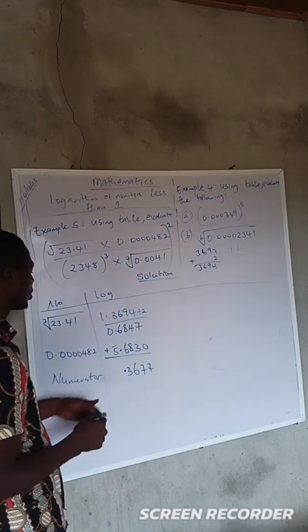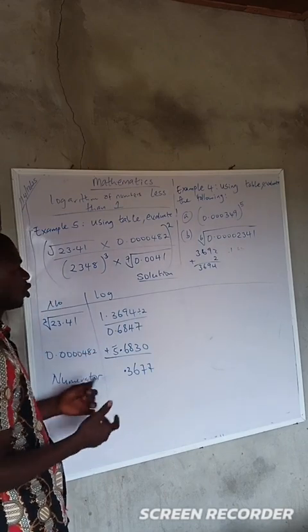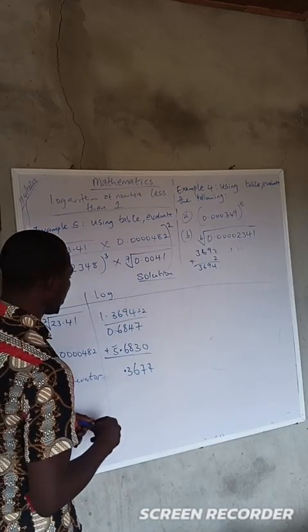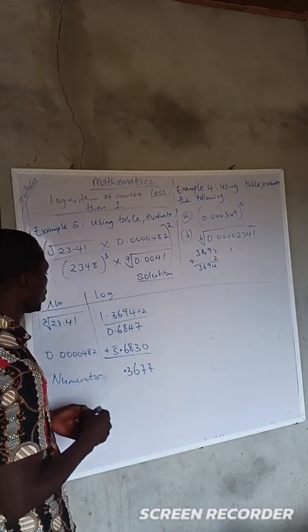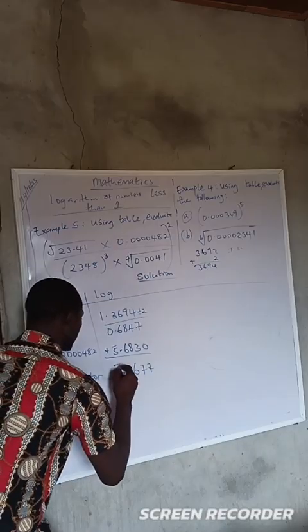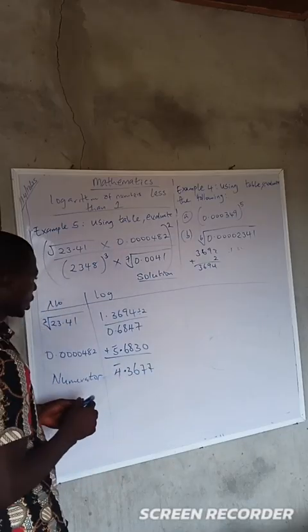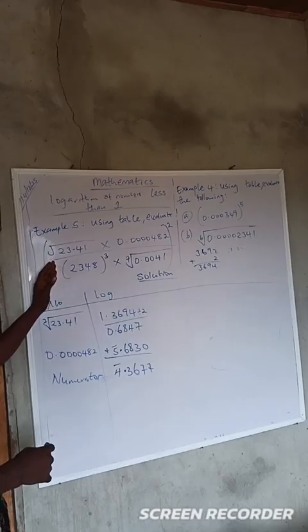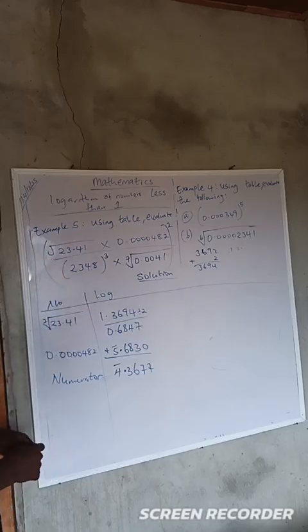Then 1 plus bar 5 is the same thing as 1 plus minus 5, which will be 1 minus 5, and it's minus 4. Minus 4 in bar notation is going to be bar 4. Okay? It's going to be bar 4. Then the next thing we do is let's treat these values we have at the denominator.